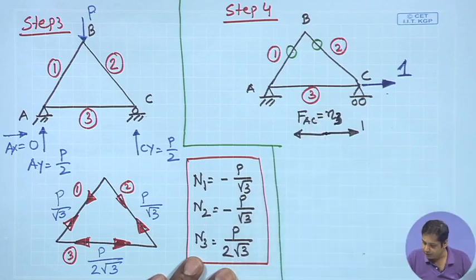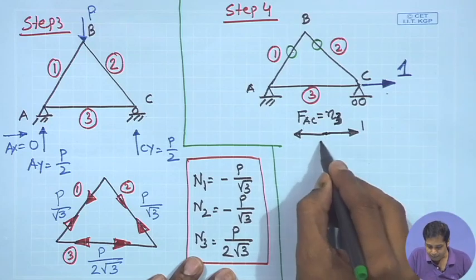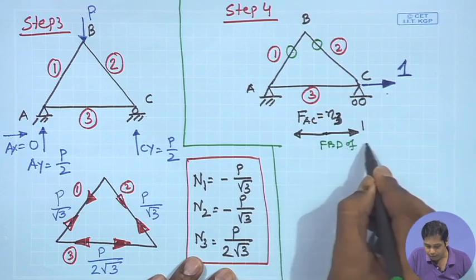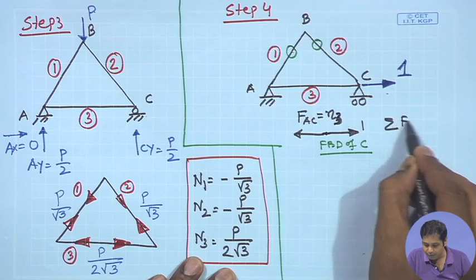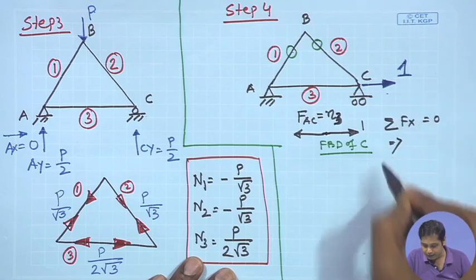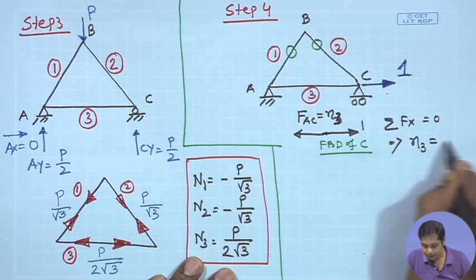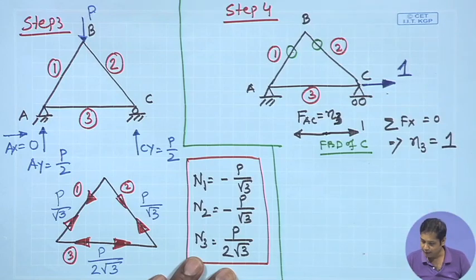So, this is FBD of C. Okay. Now, apply summation of Fx is equal to 0, and this gives us N3 is equal to 1. N3 is equal to 1, right?